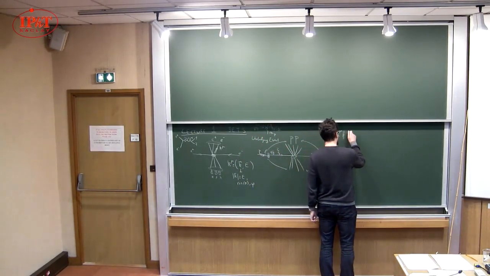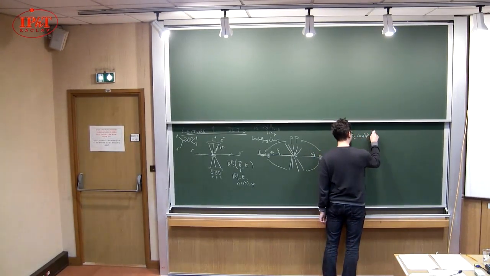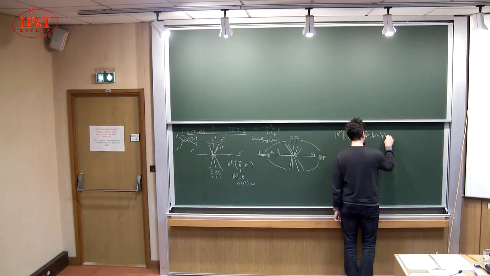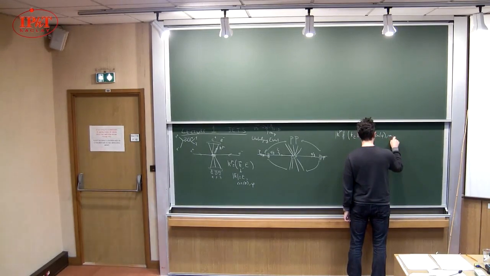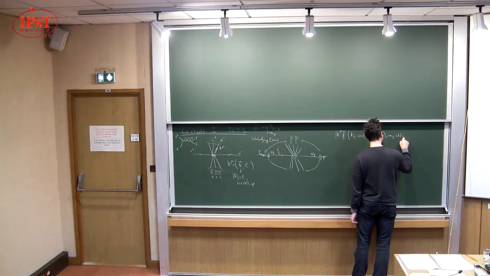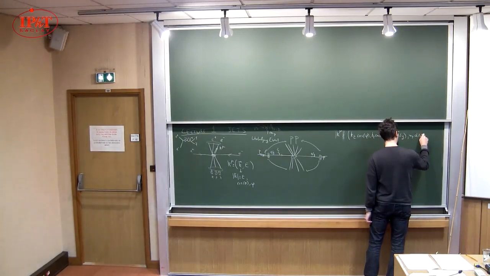And in this case, there's some kT, which is the transverse momentum, times some angle, and some other, let me call this mt for the moment, times some hyperbolic sine of y, and mt times hyperbolic cosine of y.